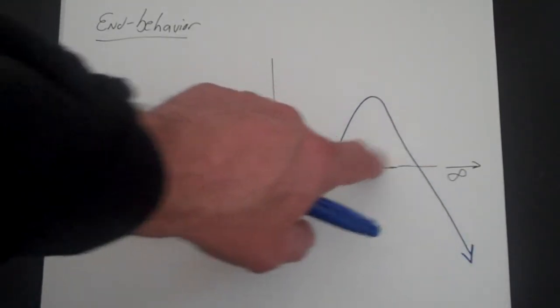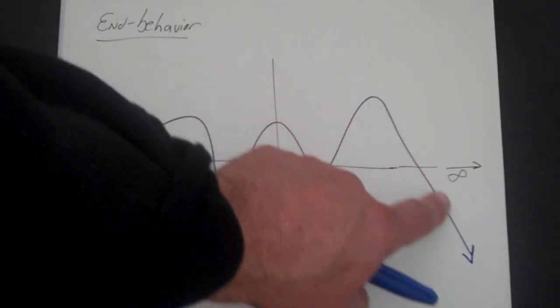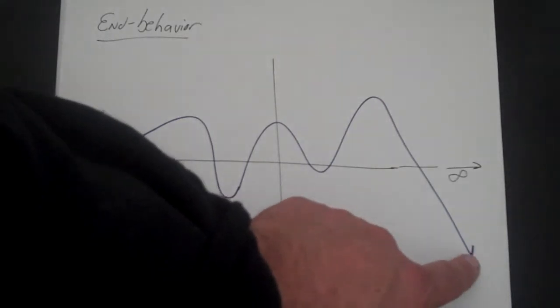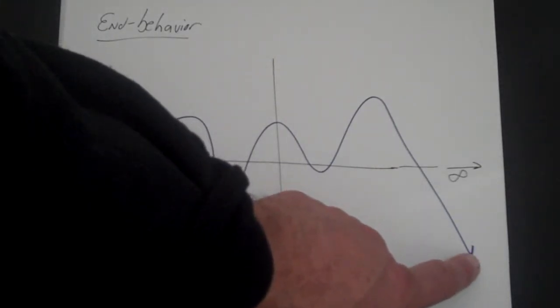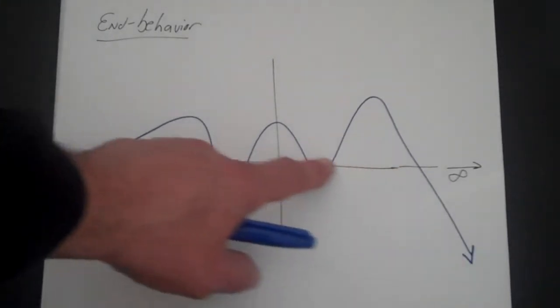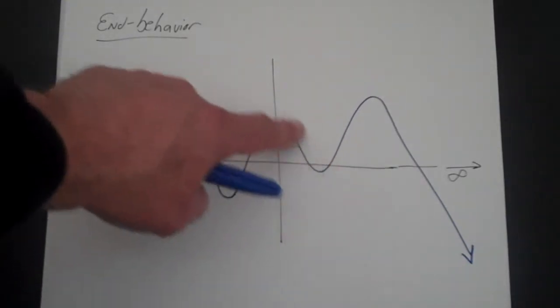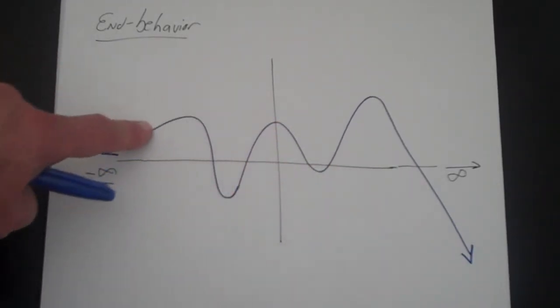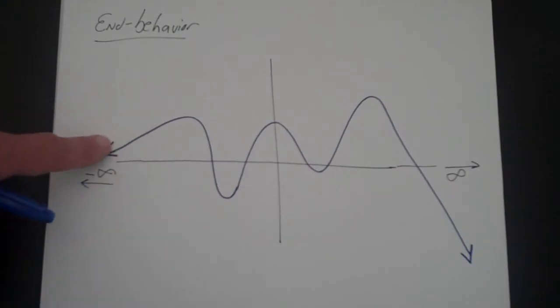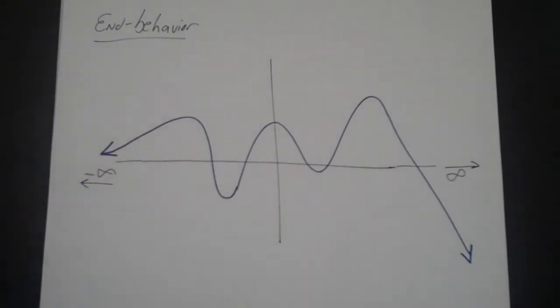In this case, when x gets very, very large, y goes to negative infinity, so that's the end behavior when x goes toward positive infinity. When x goes toward negative infinity, we follow the graph along, and it gets closer and closer to y equals 0. And that's what we mean by end behavior.